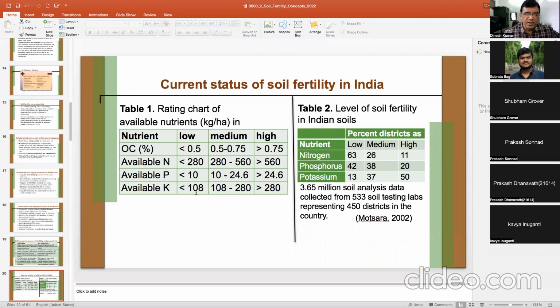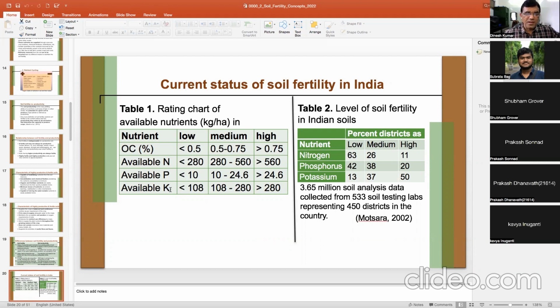Available K is less than 108, 108 to 280, and more than 280. Available phosphorus is less than 10, and 10 to 24.6. You can consider it as 25 also. And remember, this is in the form of P, not P2O5. More than 24.6.